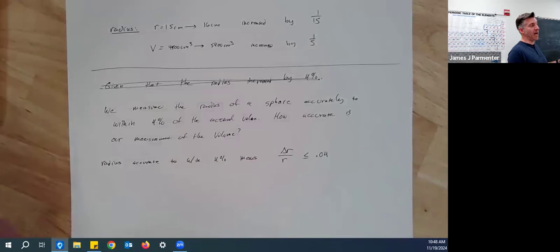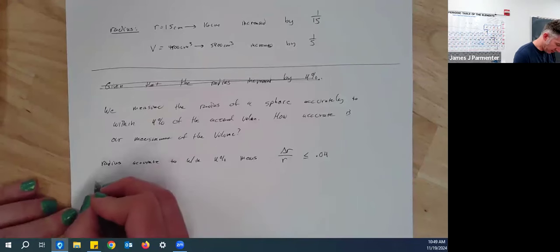So if the radius was actually 100 centimeters, our measurement is within 4 centimeters either way. So it's either as much as 104 or as little as 96. The delta R is at most 4, and delta R divided by R is at most 4 divided by 100, which is 0.04.